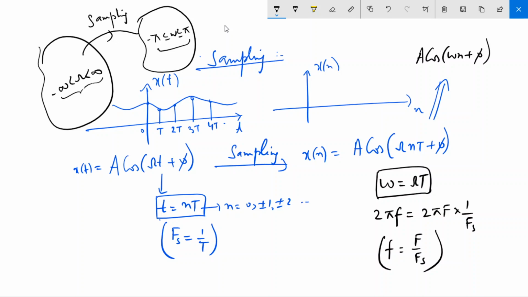So when you choose the sampling rate or the sampling frequency, we have to make sure that the signal that you get after sampling, its frequency omega must be between this band. Okay, if the frequency is within this band, then that signal will be unique.